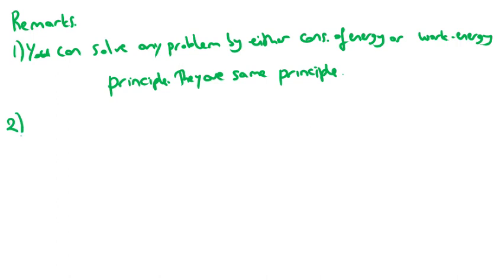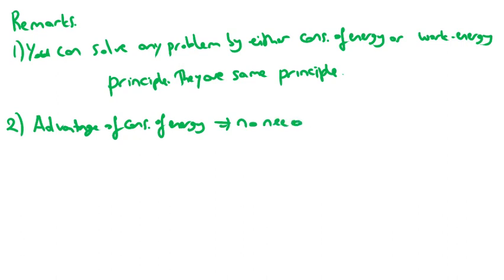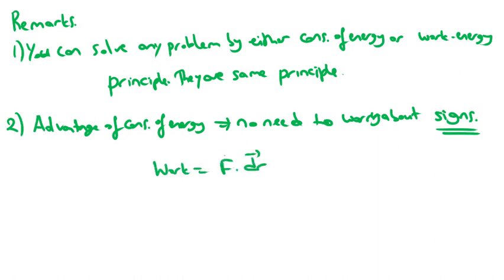The second thing is the advantage of conservation of energy: you don't need to worry about the signs. If you remember, we said that the work is the integral of F dot dr. So here you care about sign.